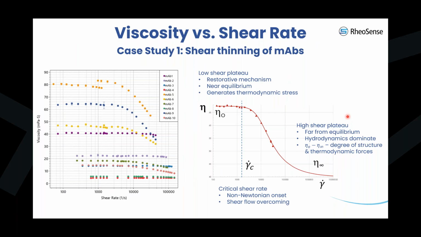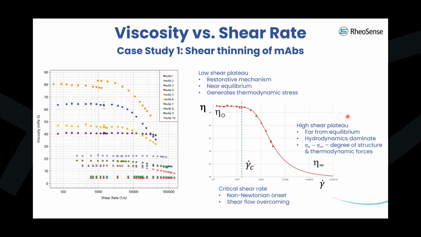So this is the shear thinning. This actually explains why proteins shear thin and explains the shear thinning behavior of protein formulations. As a result, the system transitions from Newtonian to non-Newtonian behavior, and viscosity begins to decrease.